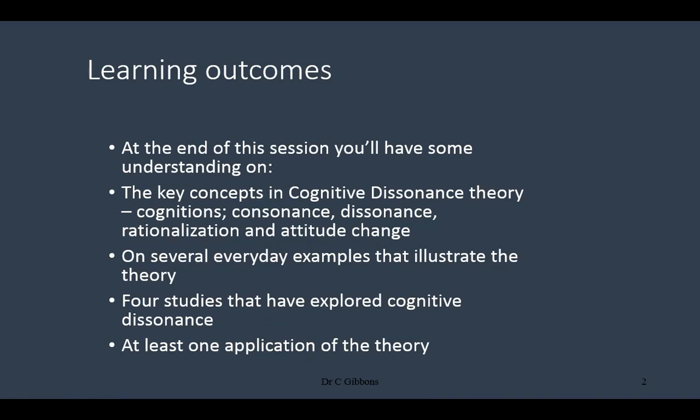One of them is to be able to offer some strengths and weaknesses, sometimes called criticisms and contributions, of a theory or of the studies linked to the theory. The second is to be able to dip into different areas of psychology and show how they are connected. So we're looking at social psychology here, but you could link it to cognitive psychology, maybe to evolutionary psychology.